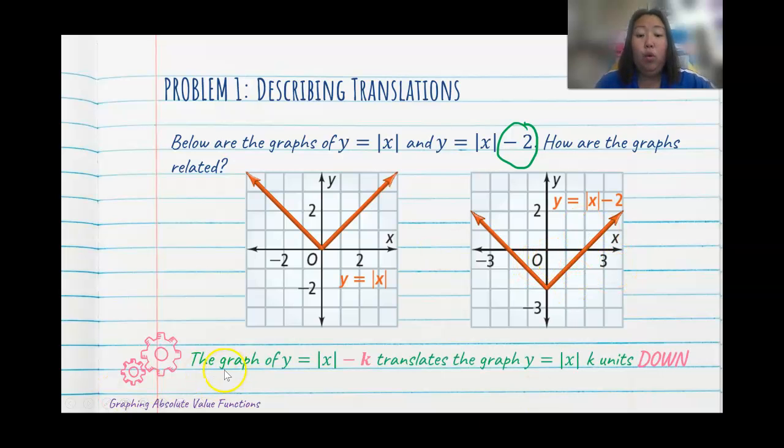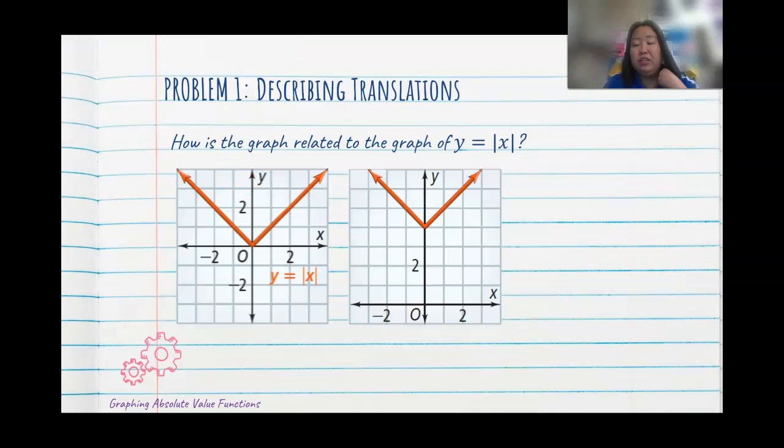So when you see an absolute value equation that has the absolute value of the variable and then subtract by a number, you can see that the minus 2 is outside of the absolute value symbol, all right? The graph simply has to go down, okay?